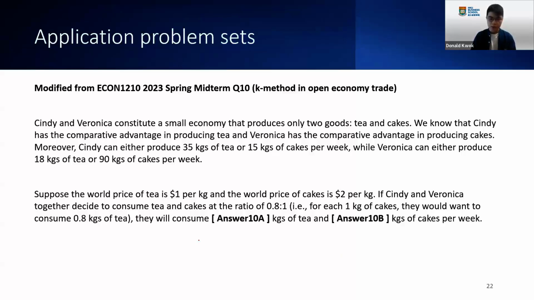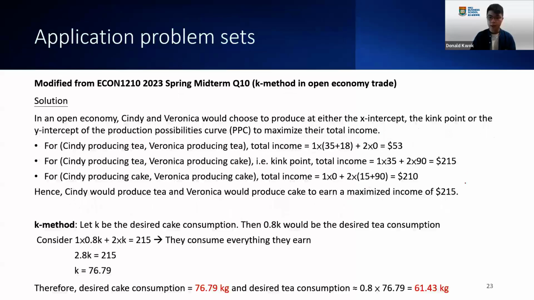So for this question, we need to check the 3 key points on the combined PPC. If we recall the PPC of a 2-person economy, we have 3 key points: the x-intercept, the y-intercept, and the kink point.